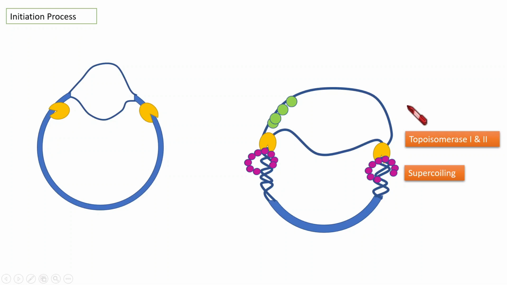And after this will come another enzyme, that is RNA primase. Then what is the role of this enzyme? For initiating the DNA replication, it requires some foundation. The foundation is in the form of a short RNA sequence. That short RNA sequence is generated by this RNA primase enzyme. So we can see that it generates that short stretch of RNA, and its name is RNA primer.